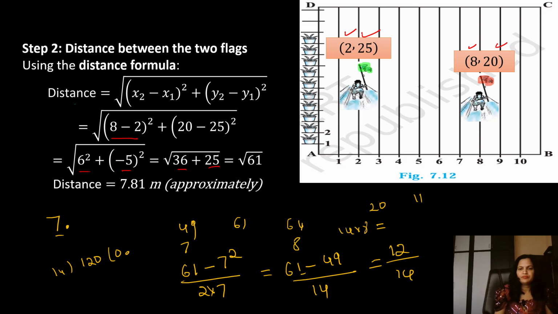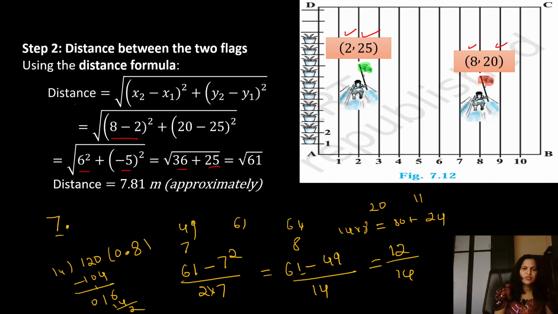15 eights are 80, plus 8 ones are 8, 80. 8 fours are 24. That is 104. 10 minus 4 is 6. Carry 1, then borrow 1. 2 minus 1 is 1, that is 1 minus 1 is 0, 16. 14 ones are 14, remaining is 2.